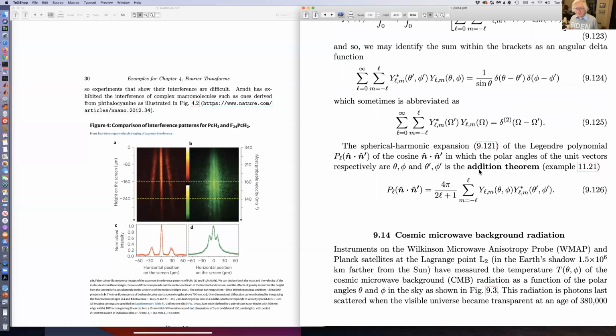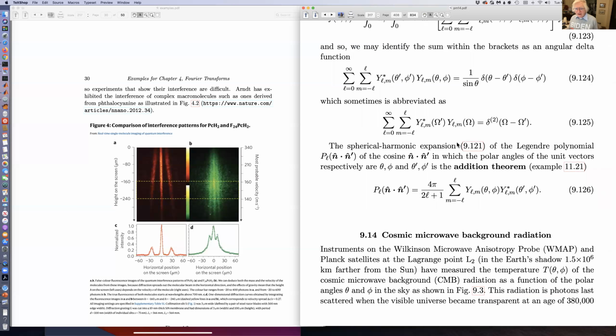Anyway, we had a spherical harmonic expansion of the Legendre polynomial of the cosine of n hat dot n hat prime, where these are unit vectors, and the polar angles are theta, phi and theta prime, phi prime.